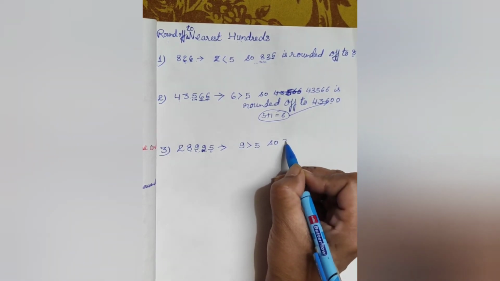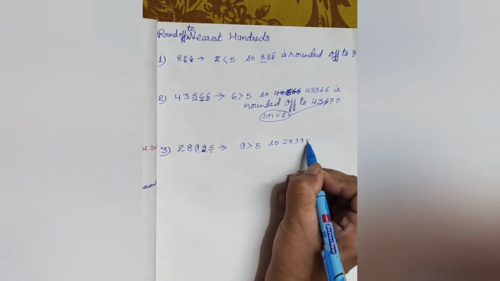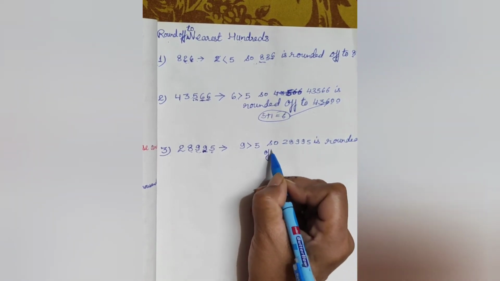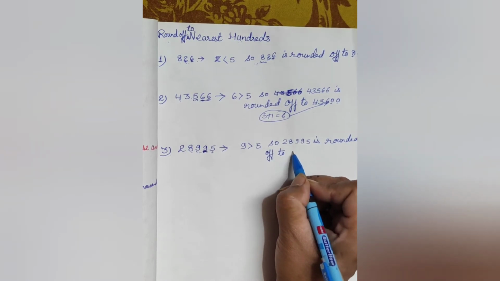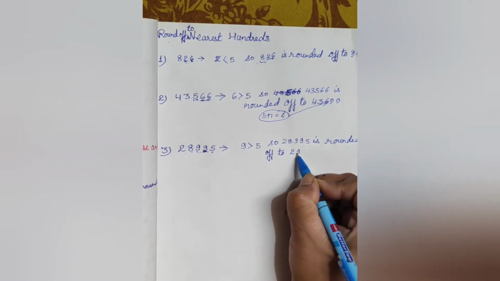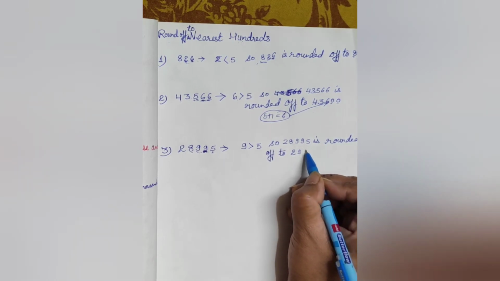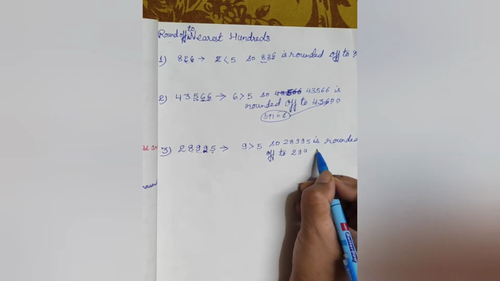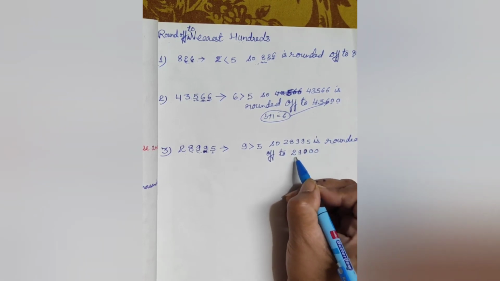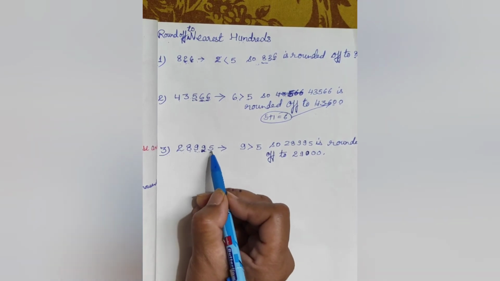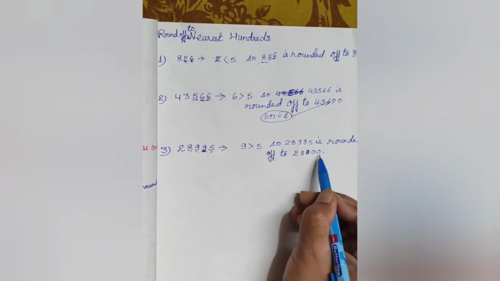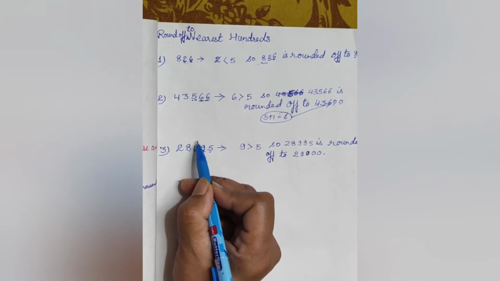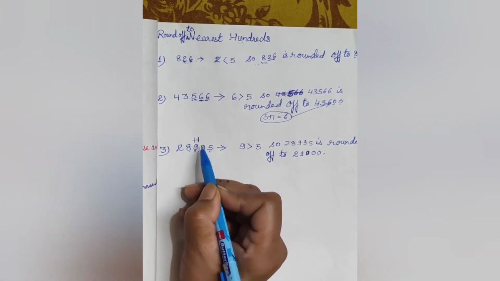So 28,995 is rounded off to 29,000, as ones and tens place digits are replaced by 0 and in hundred place digit we add 1, then we get 10.